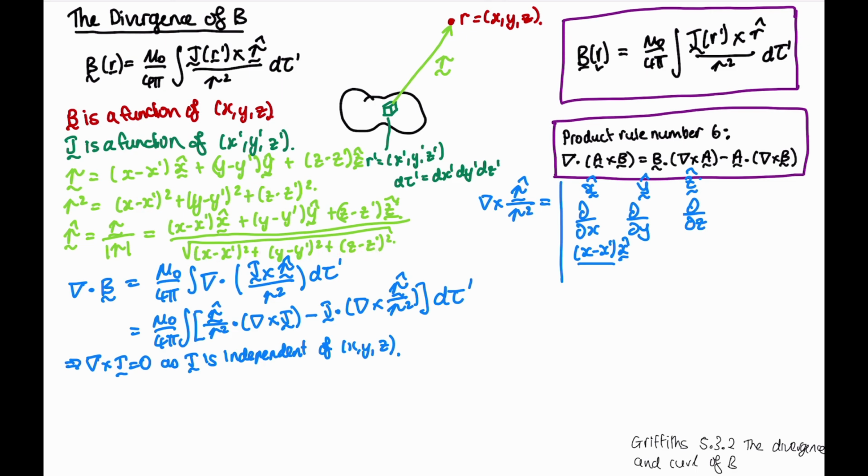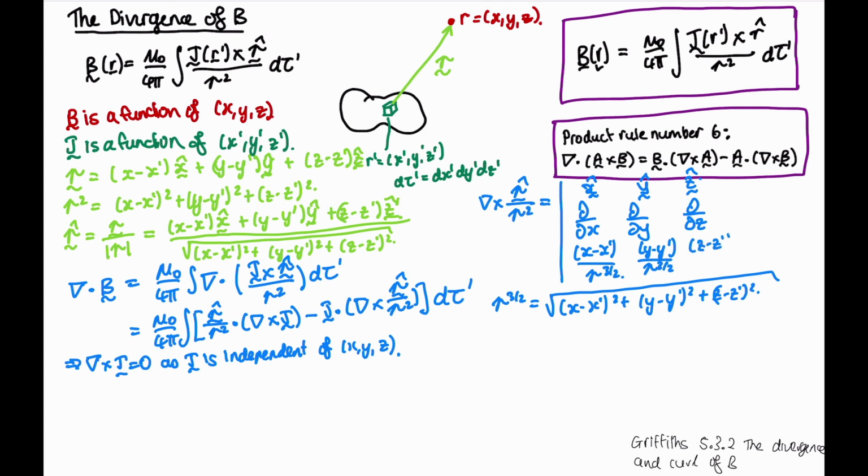So this will be divided by curly r to the 3 on 2, where curly r to the 3 on 2 is equal to the square root of x minus x prime squared plus y minus y prime squared plus z minus z prime squared. And in the y direction, we'll have y minus y prime. Oh, sorry, I shouldn't have added that vector in there because we're inside here. Divided by curly r to the 3 on 2. And here we've got z minus z prime divided by curly r to the 3 on 2.